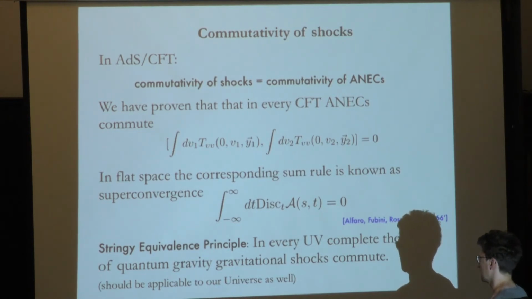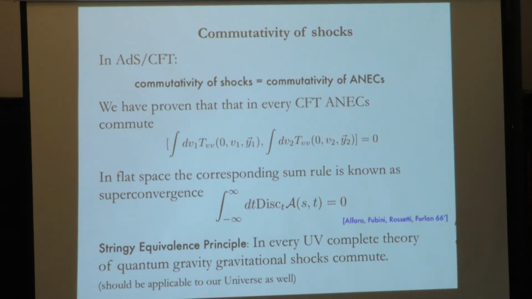And then there is an analogous argument which you can run in flat space, which is known from the 60s as superconvergence sum rules. Both of these facts are related, if you wish, to causality of the high energy behavior of the amplitude. And therefore, we would like to say that there is a general principle of consistency in any gravitational theory: if your gravitational theory admits a UV completion, then the shocks should commute. And this should be true even in the standard model also.